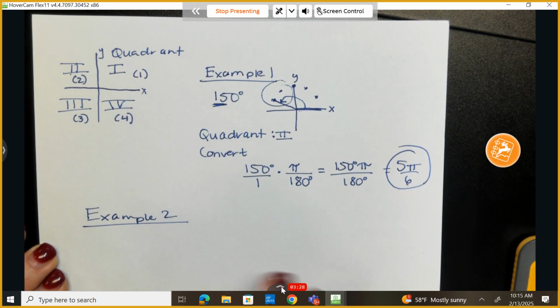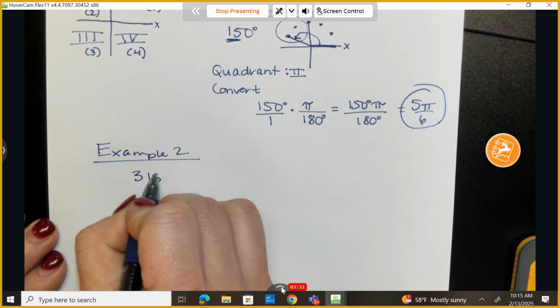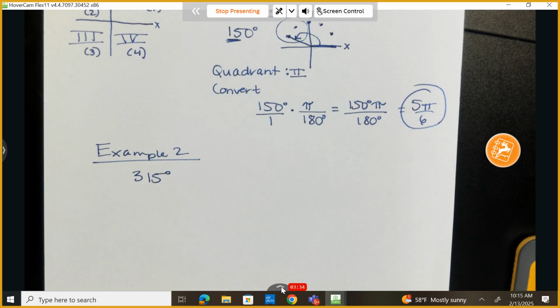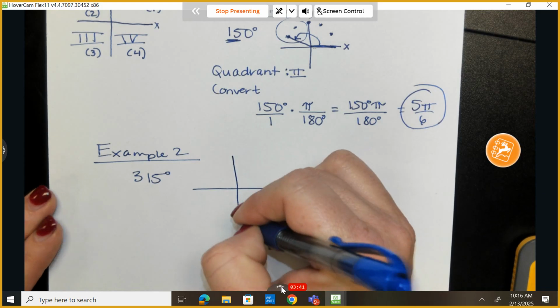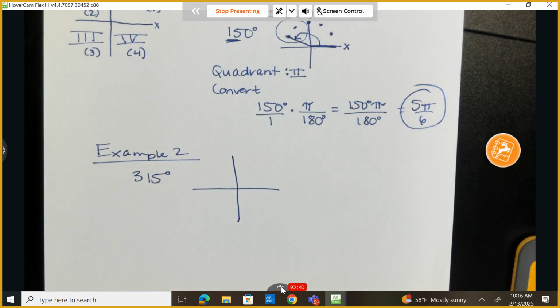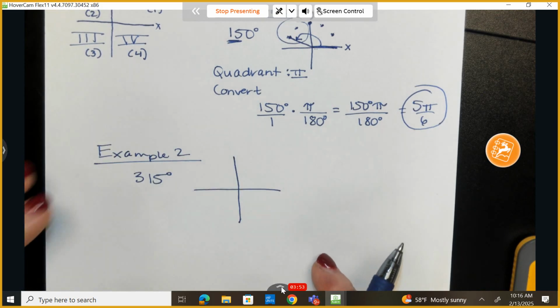Example number 2. Okay, in example number 2, please write down 315 degrees. So the first thing we're going to do is we're going to draw our triangle. And we're going to start out with these common angles that we've all worked with. So 315, I'm thinking to myself, okay, I'm going to think of this in terms of the pink, but if you already know about the green, then go ahead and do that.